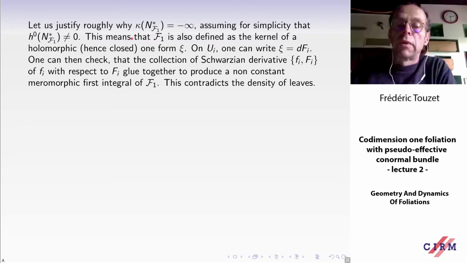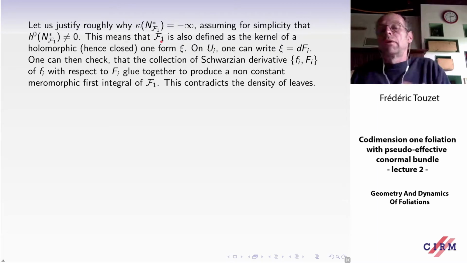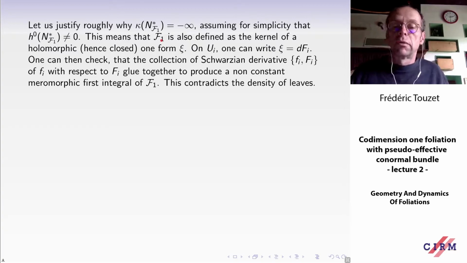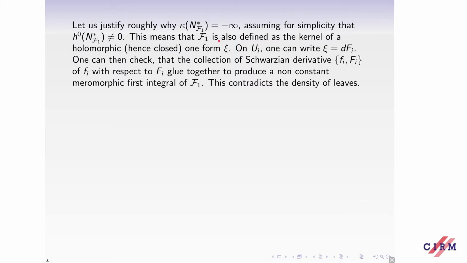Indeed, suppose by contradiction that the Kodaira dimension is non-negative. Up to taking a finite cover, we consider the very simple situation where F1 is directly defined by a holomorphic one-form psi.